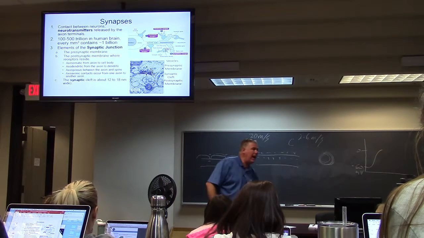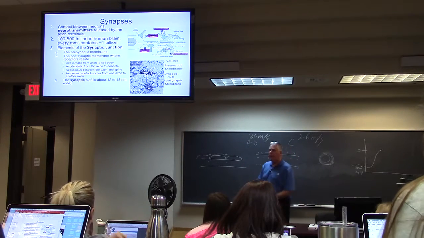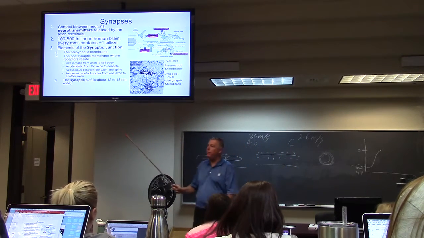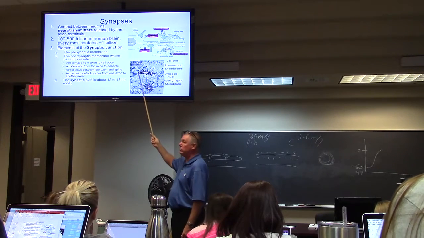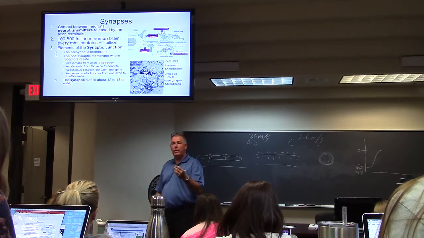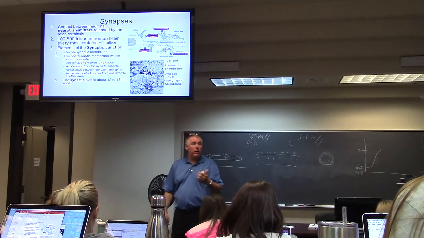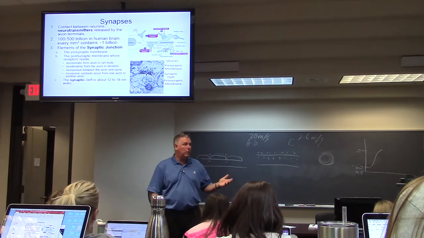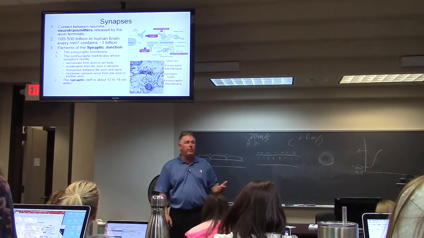Now, why would you have an axo-axonic synapse? Well, here's the thing. Synapses release into the synaptic cleft the contents of the vesicles here, the presynaptic vesicles. The transmitter, or the substance in that vesicle, can be either excitatory to the next neuron in the chain, or it can be inhibitory.